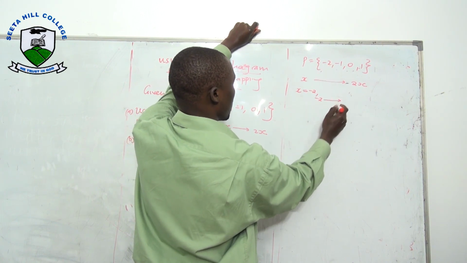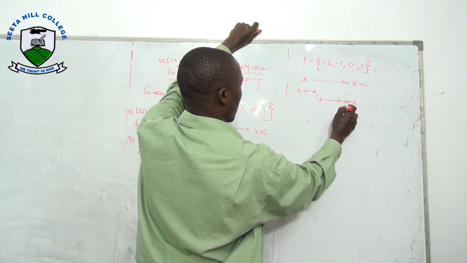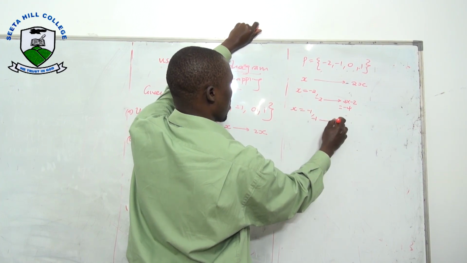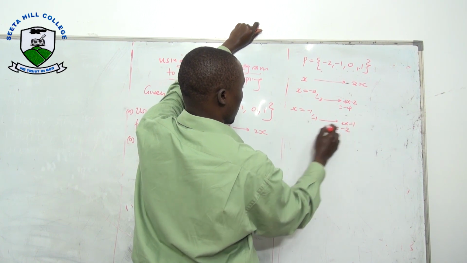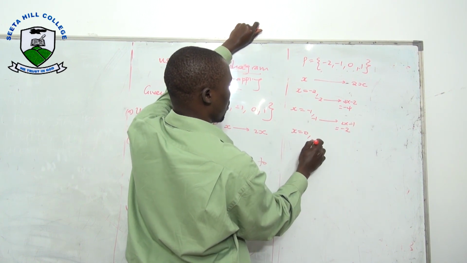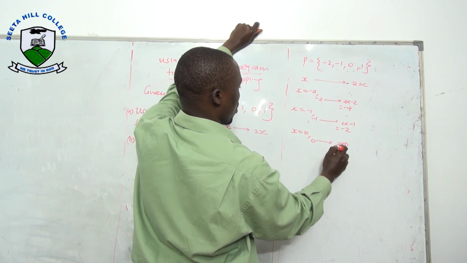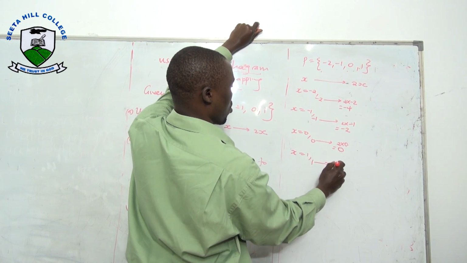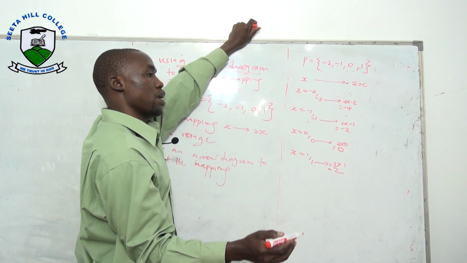Negative 2 gives us negative 4. When x is negative 1, 2 times negative 1 gives us negative 2. When x is 0, 0 gives us 0. Then when x is 1, 2 times 1 gives us 2. Not so?